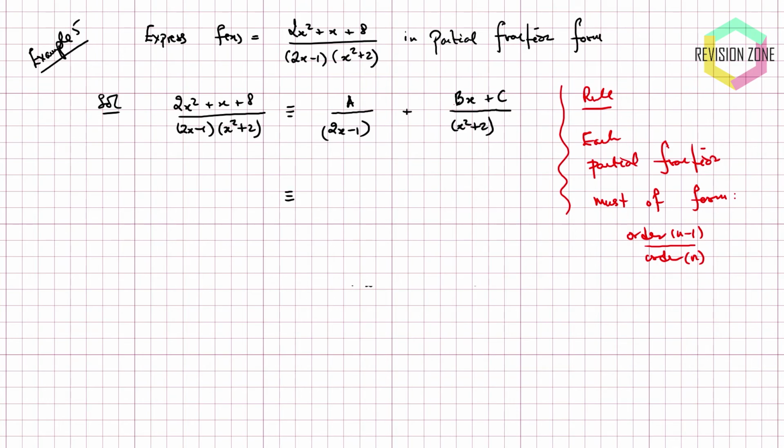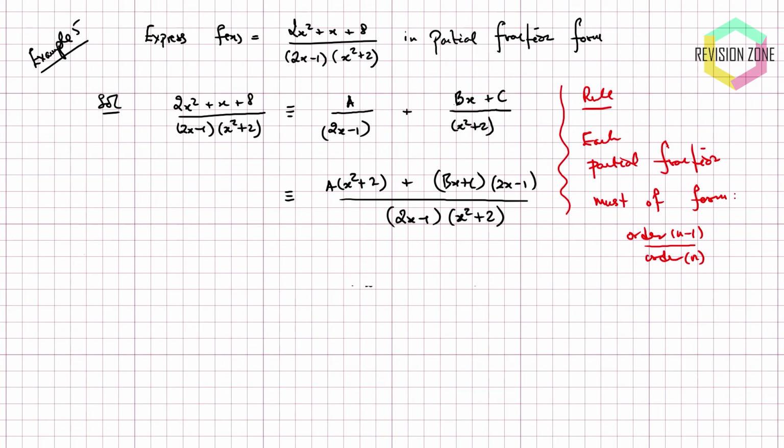So we just combine things to have a common denominator, and then we say bx plus c is going to be multiplied by, of course, 2x minus 1, and then the whole thing is over 2x minus 1 times x squared plus 2. So at this stage, we could substitute values in by equating numerators or actually equating coefficients.